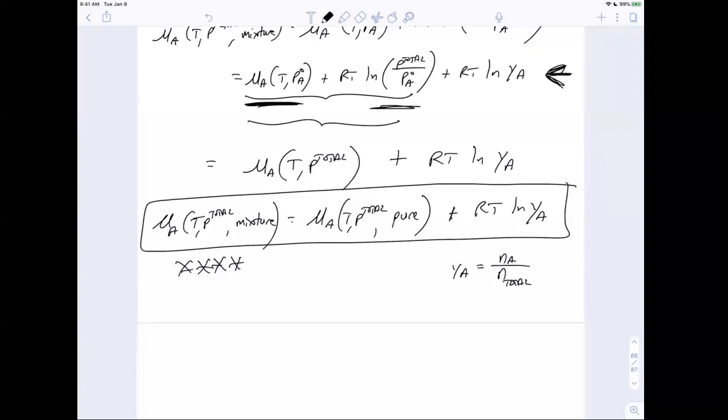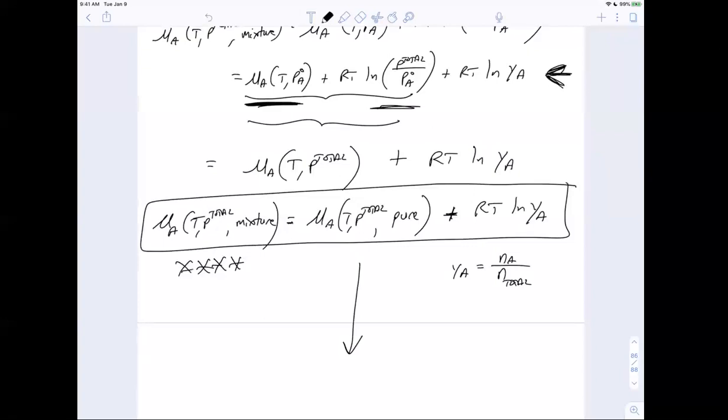So let's look at this equation and see what it's telling us. This expression is telling us what the chemical potential of A is in a mixture of ideal gases. If you look carefully, that chemical potential is composed of two contributions.